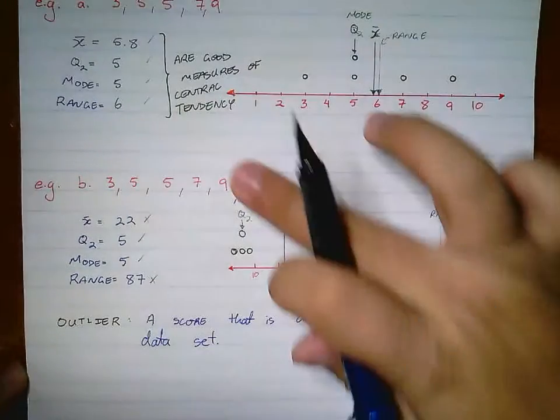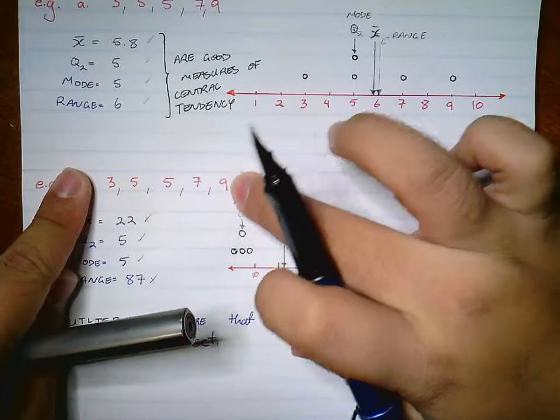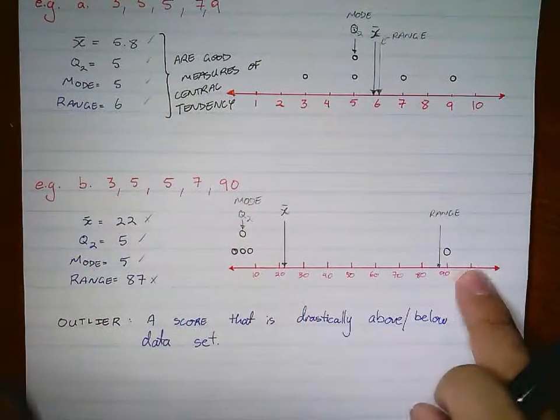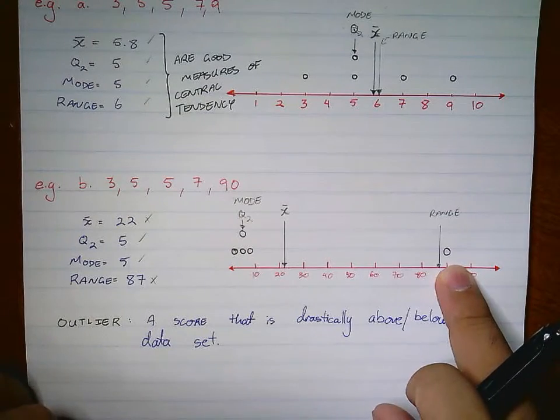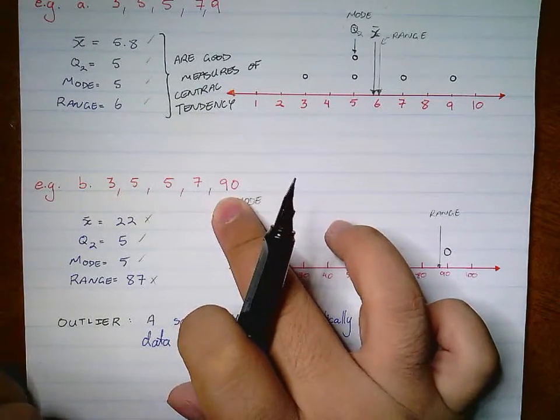So if we take a look here, this is our data set, but 90 is clearly so far out. Okay, and as a result, we call this an outlier.